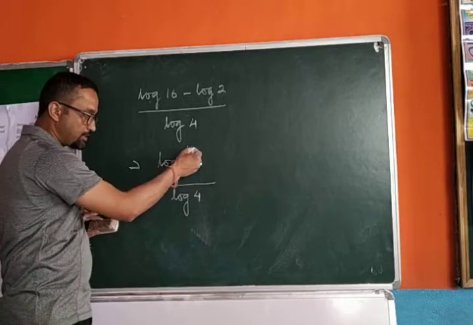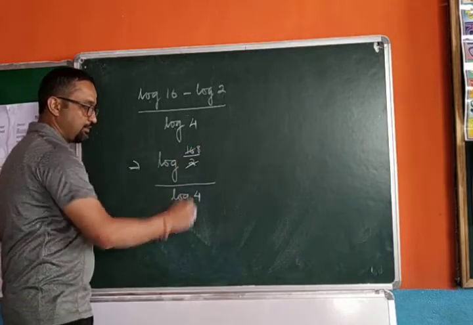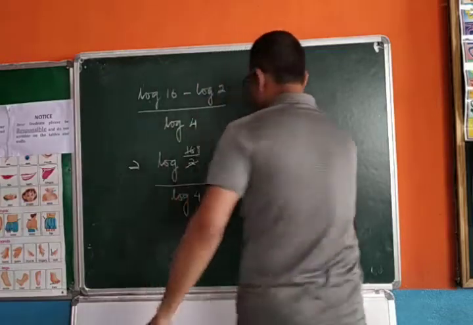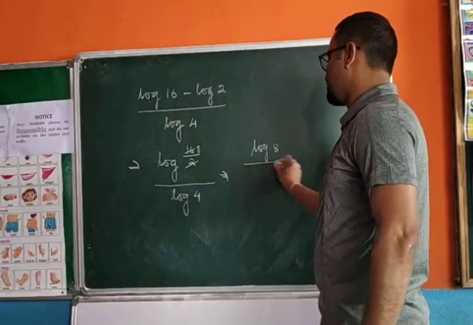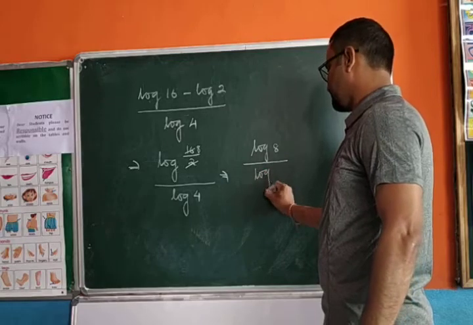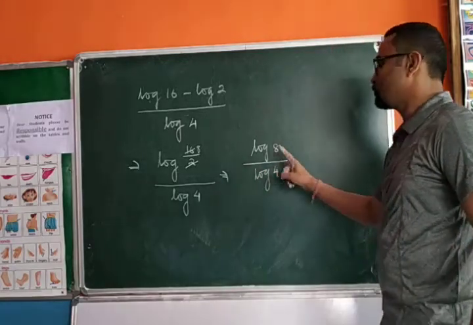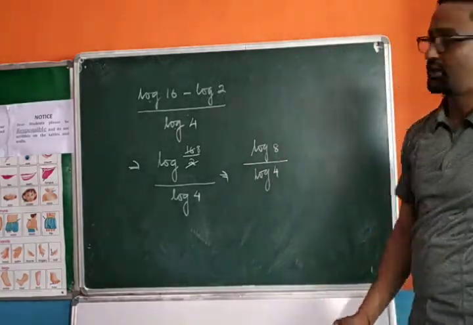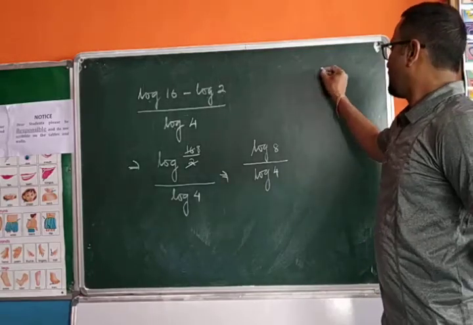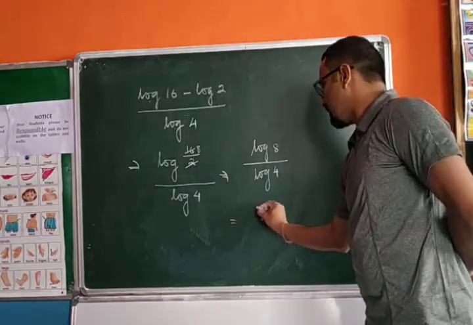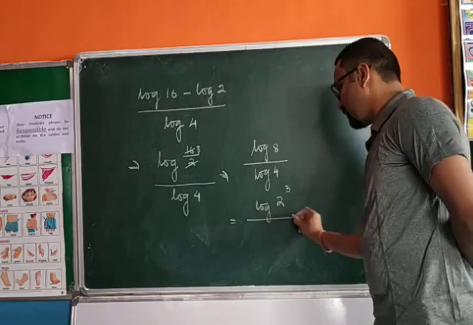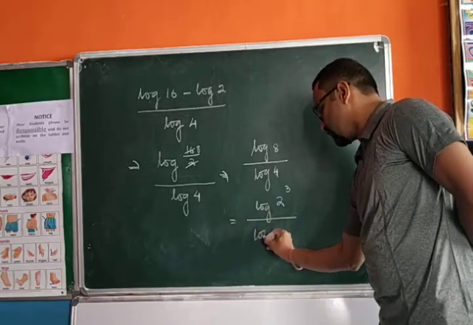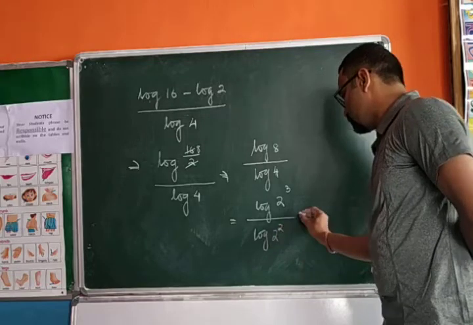Now you can cancel this. So you are left with log 8 divided by log 4. You cannot cancel 4 twos are 8. That is not allowed. 8 can be written as log 2 to the power of 3. 4 is written as log 2 to the power of 2.